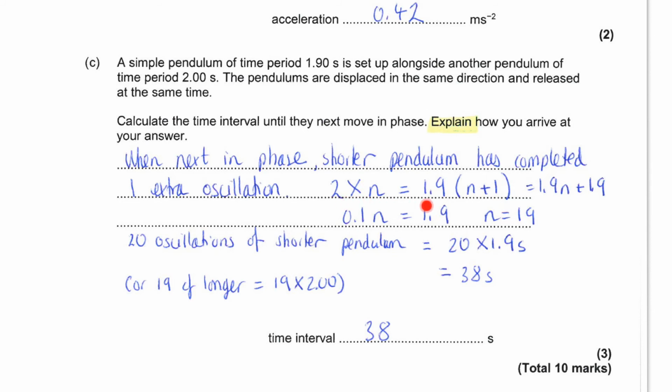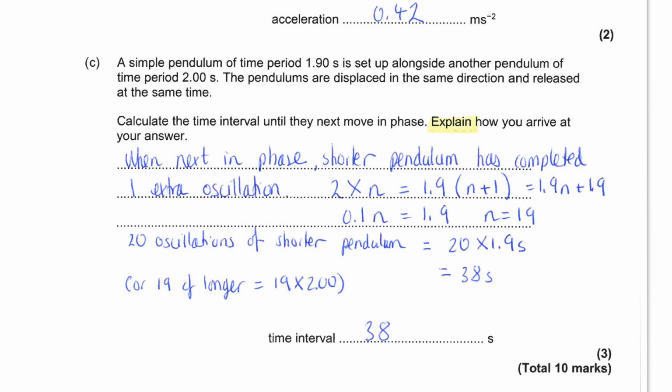So this is the bit that takes a little bit of thought. One pendulum will have oscillated n times, the other pendulum will have oscillated one more time. So then it's a case of some careful algebra, and you can solve to find n is 19.